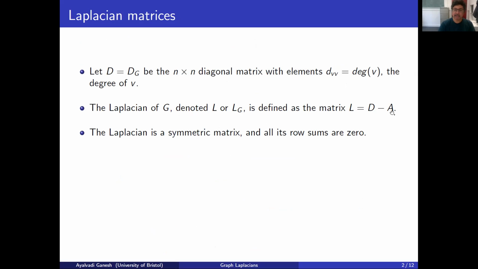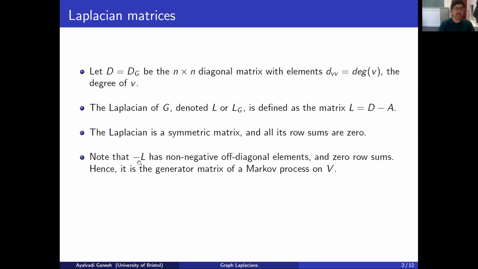A was a symmetric matrix. We saw that already. D is diagonal, so it's symmetric, and hence L is symmetric as well. And we also saw that the row sums of A are D, so the row sums of D minus A are 0. The row sums of the Laplacian are 0.